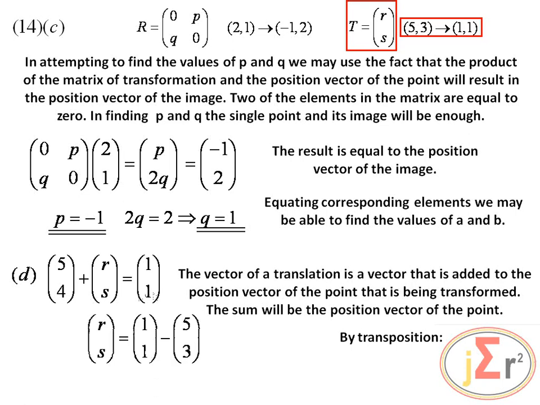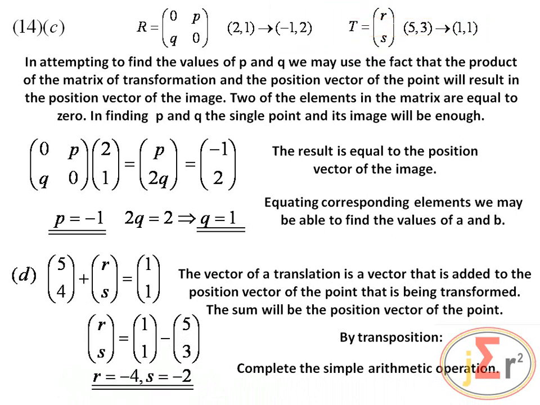So by transposition, we have RS is equal to 1, 1 minus 5, 3. The position vector turns out to be R is equal to negative 4 and S is equal to negative 2.